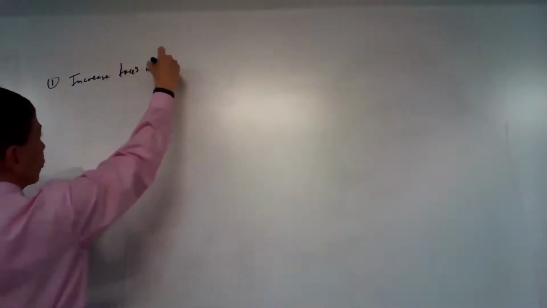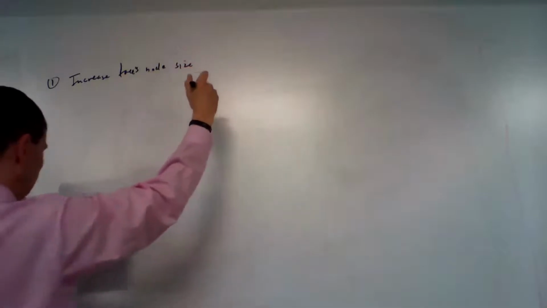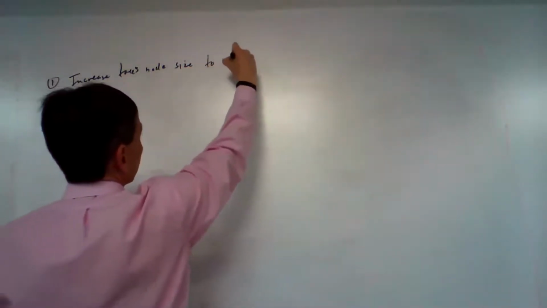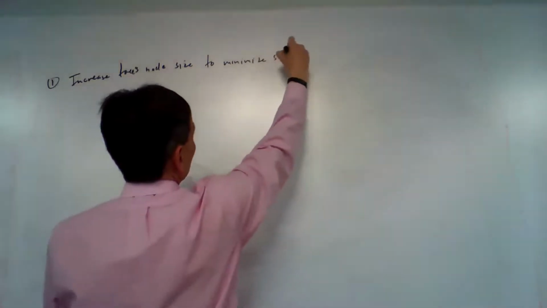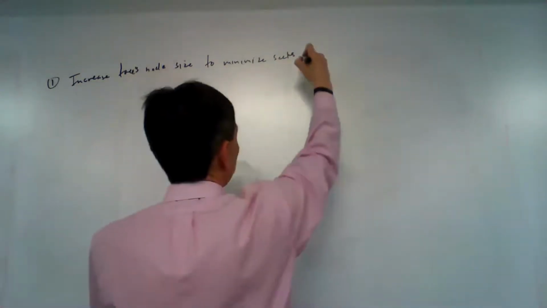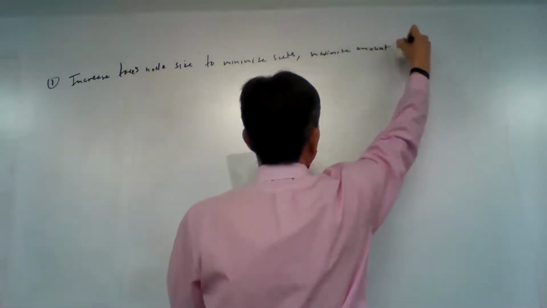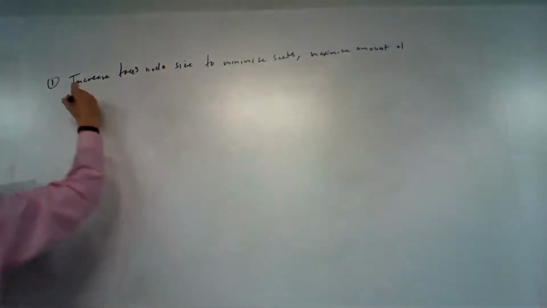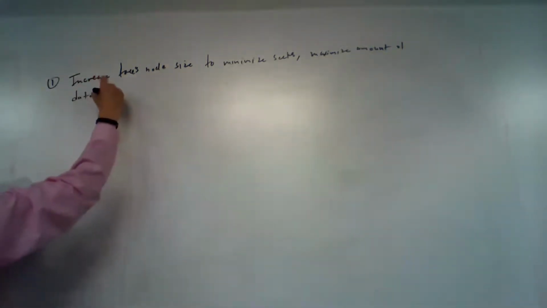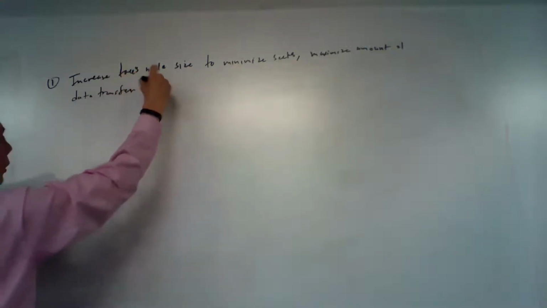So, all right. So, what are the goals? Goal number 1 is we want to increase the tree's node size to minimize seeks. And maximize the amount of data transferred on each read.